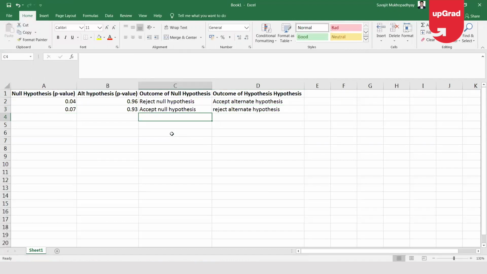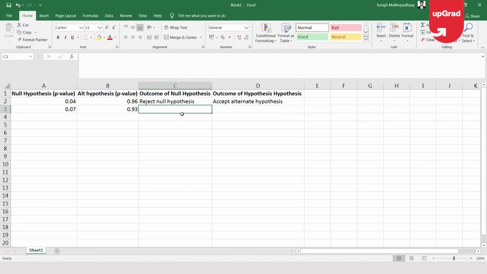Unfortunately, not right. And this is where a lot of guys make mistakes. So pay attention here. Can we reject null hypothesis? No, we cannot say that. Can we accept null hypothesis? No, we cannot say that either.